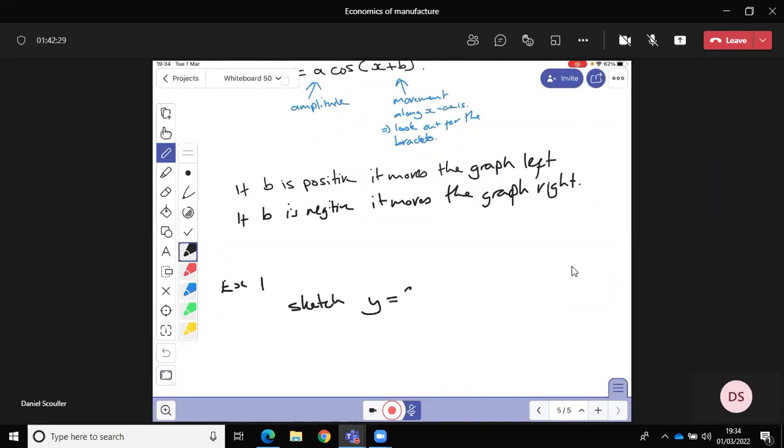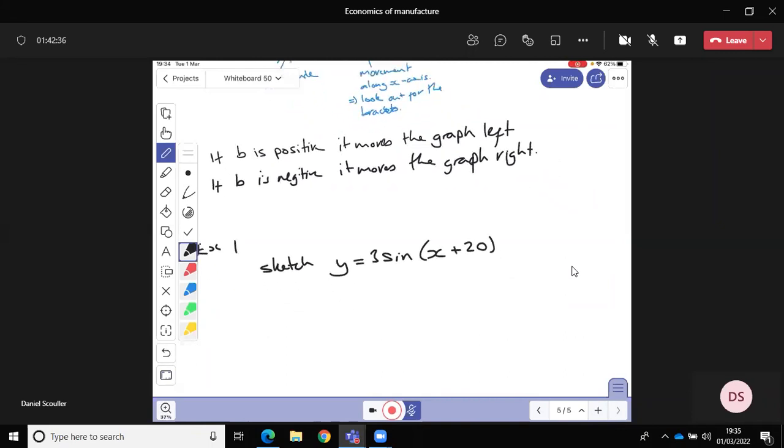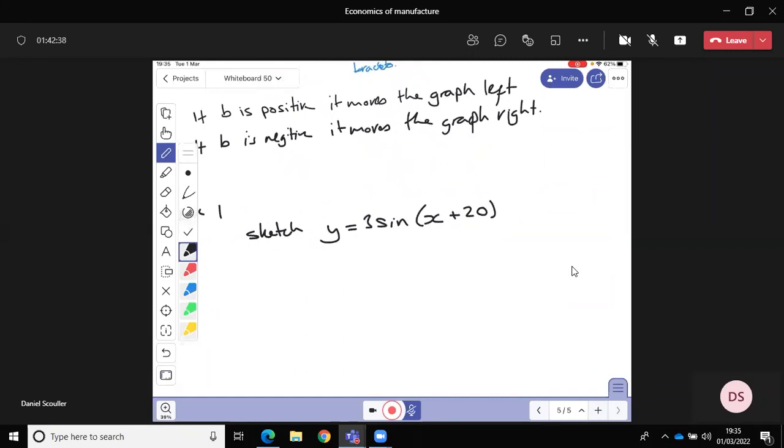y equals 3 sin x plus 20. What people tend to mix up here is movement with the vertical as well, but the number in the brackets tends to be a lot bigger, so it would be daft to move it up and down on the y-axis, especially in an exam situation.